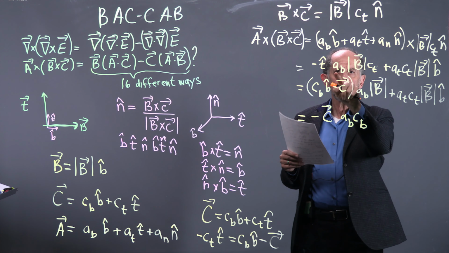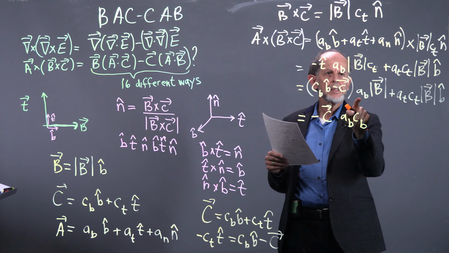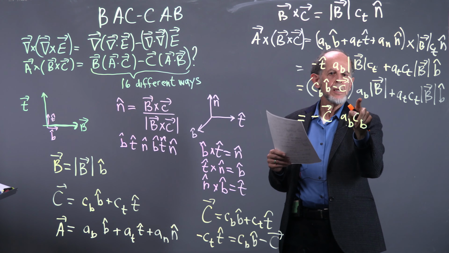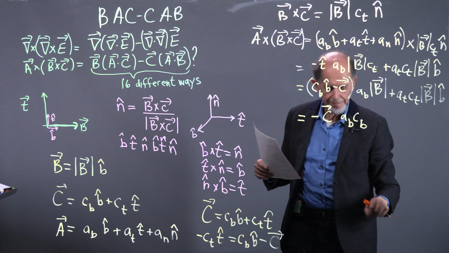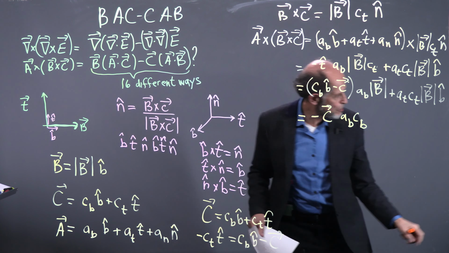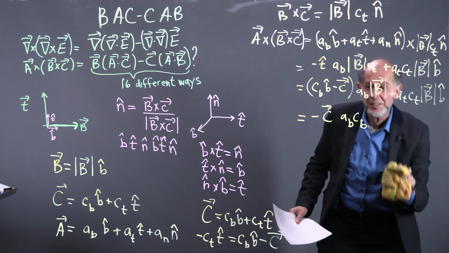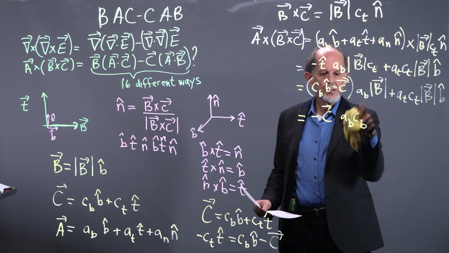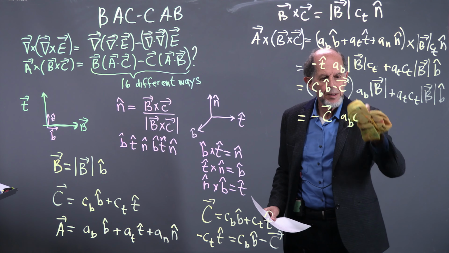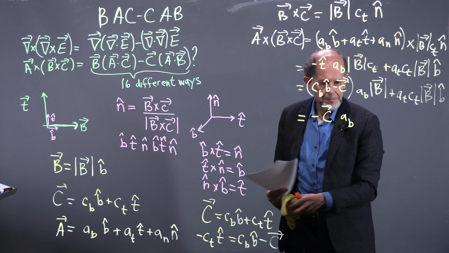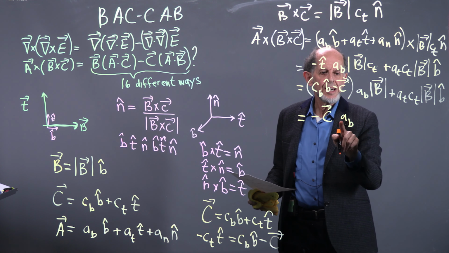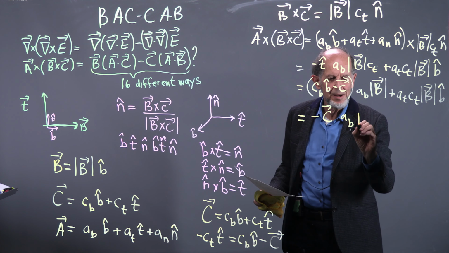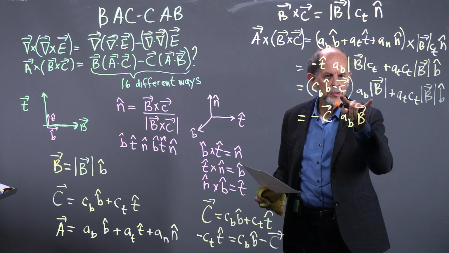Something wrong here. We did the CT, so we have AB times C. Just a second. I knew this is the tricky part. Every time I get this wrong. So we have minus C times A, minus C AB times magnitude of B. That's this term here.